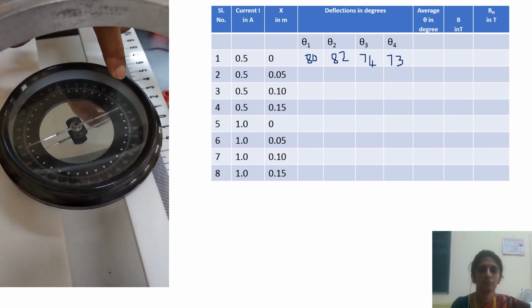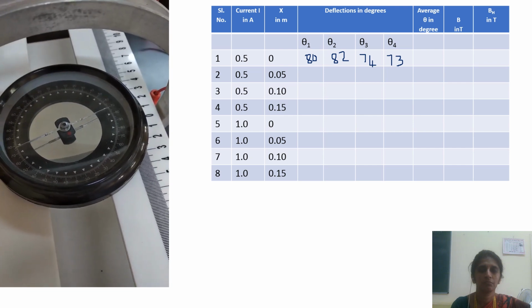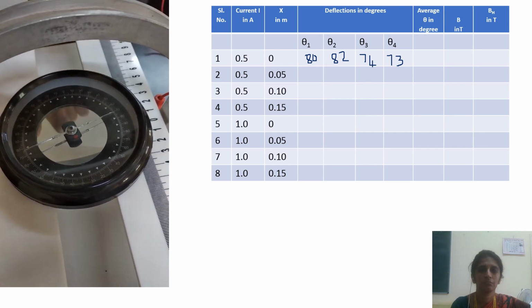It appears to be 74 and 72. No, 73. 73 and 74.